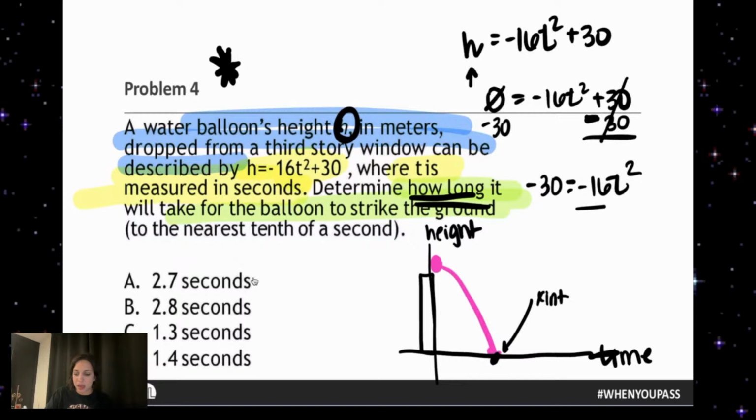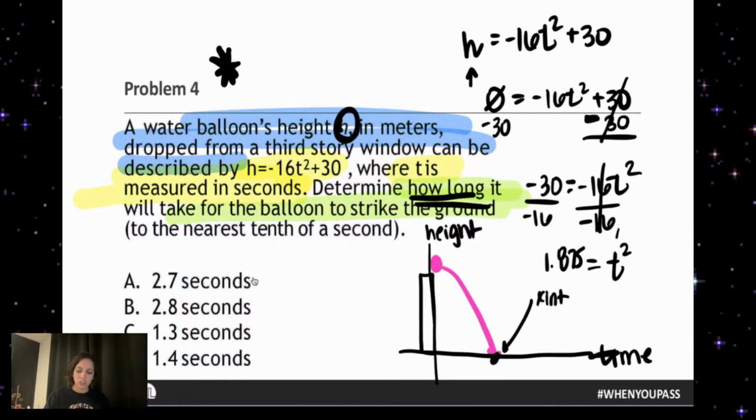Get t by itself, divide both sides by -16. t squared equals -30 divided by -16, which is 1.875.